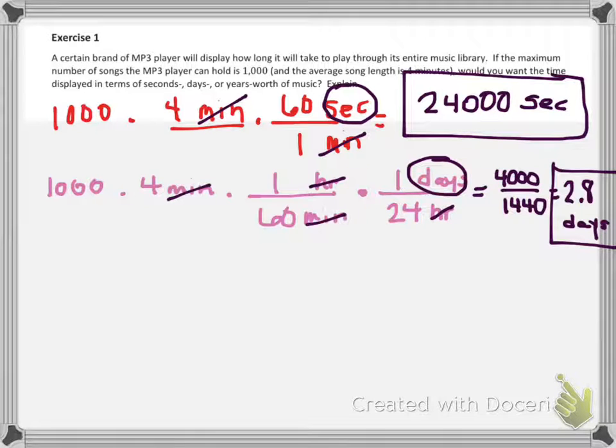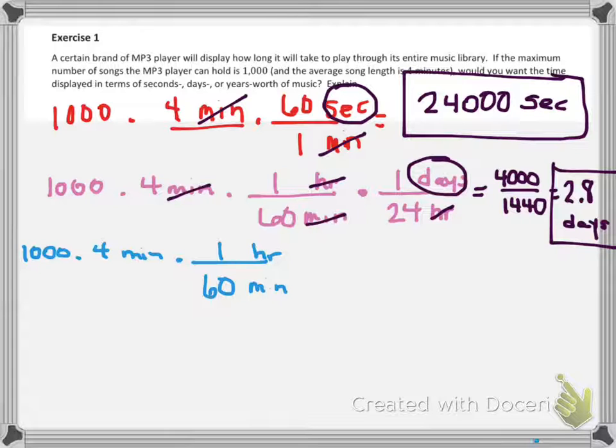And now we need to find out how many years that would be. And hopefully you can see that years is maybe not something we want, but we're going to figure it out and see what it is. So I've still got 1,000 songs. I'm going to multiply by 4 minutes each. And then I need to change my minutes into hours. And again, 60 minutes in 1 hour.